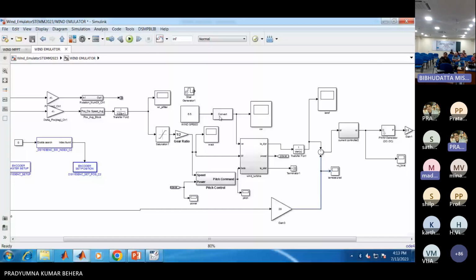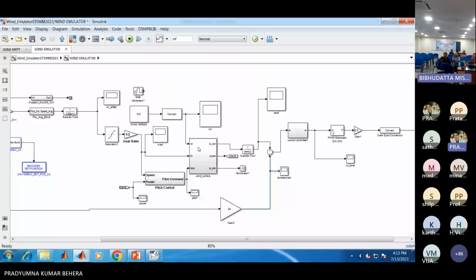After that, first of all, I will show you the wind turbine model here. You can see this subsystem is showing the wind turbine model. Here the inputs are wind speed, the angular rotor speed of the turbine, and the pitch angle.